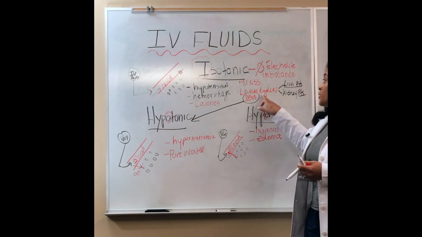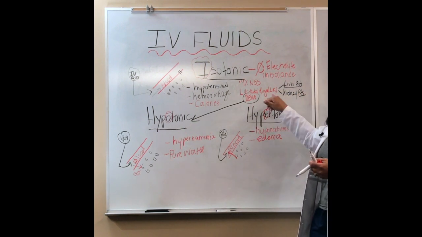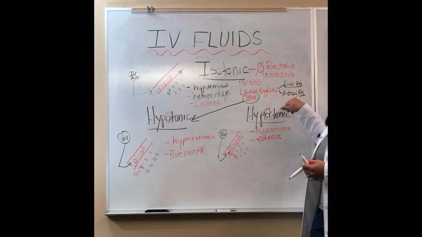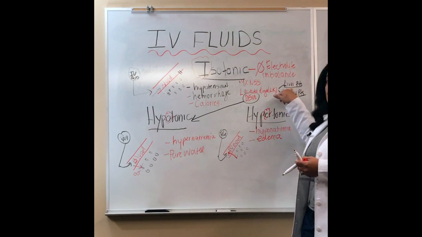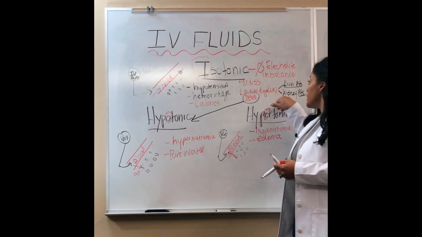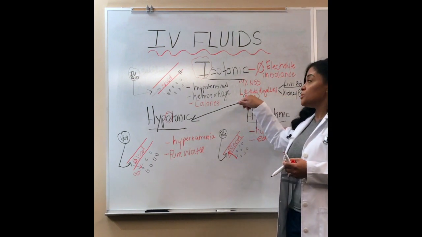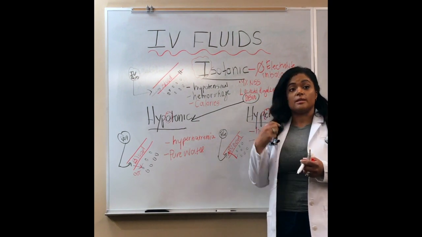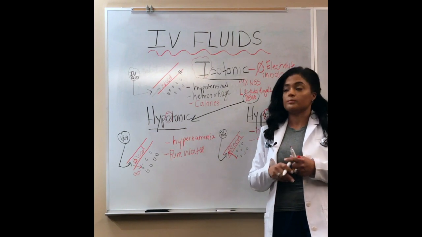So lactated ringers cannot be given to either liver patients or kidney patients because liver patients are unable to metabolize lactate and kidney patients are unable to get rid of the electrolytes that they already have elevated.